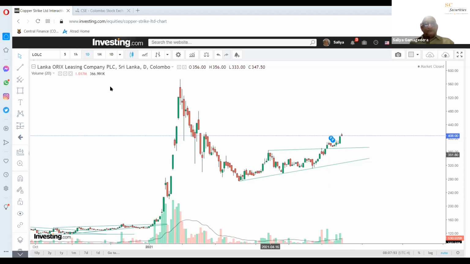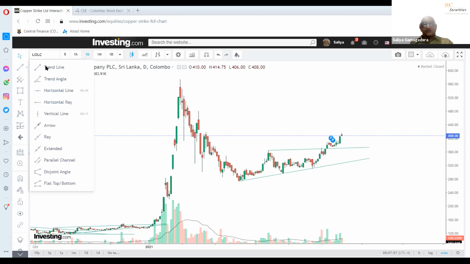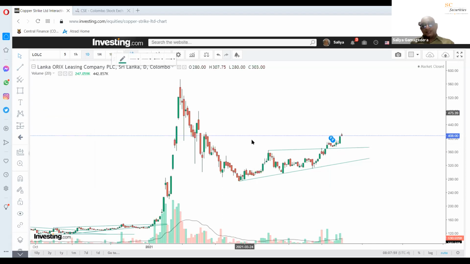Way forward, we will understand whether that's going to succeed as a strong support line. At the same time, we can use this high with this high and stretch it further to understand whether this is going to act as a support line.